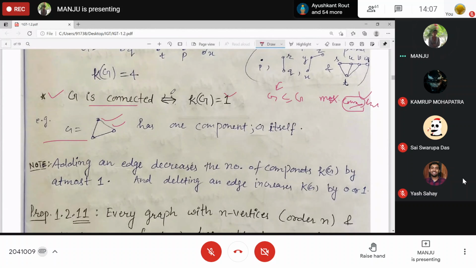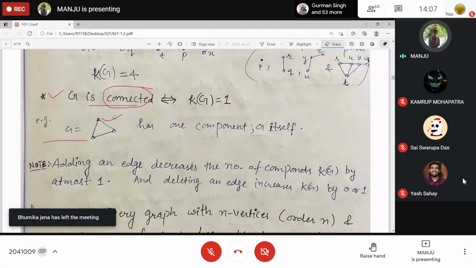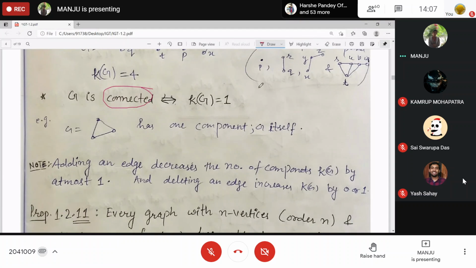What is the definition of a connected graph? When you say any graph is connected, by the definition I gave on the second day, every two vertices are joined by some path.